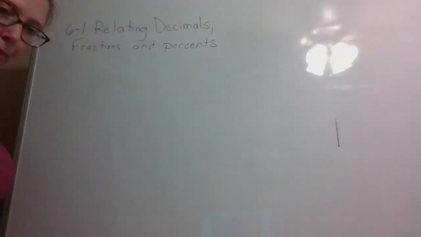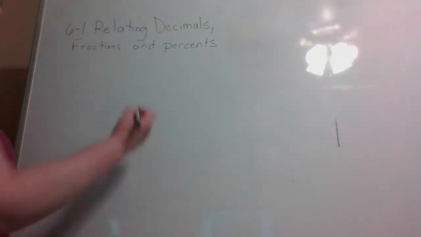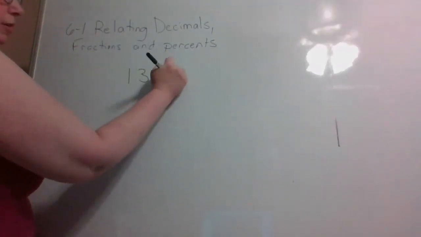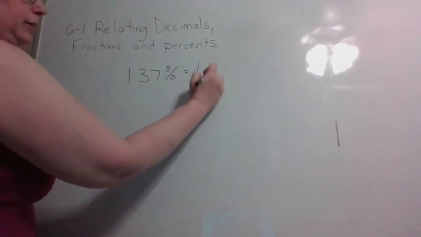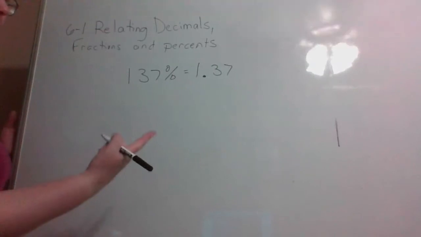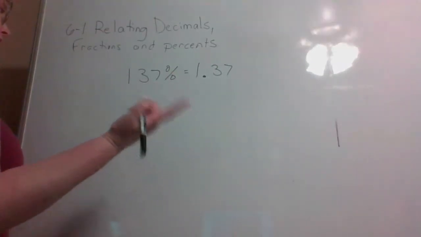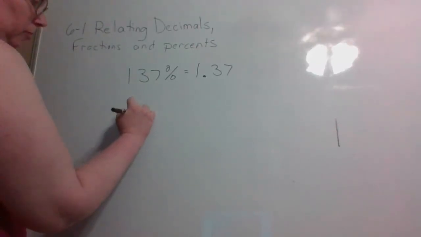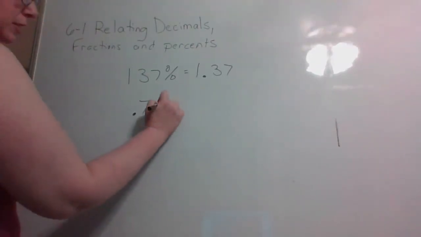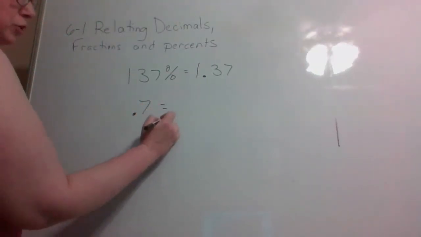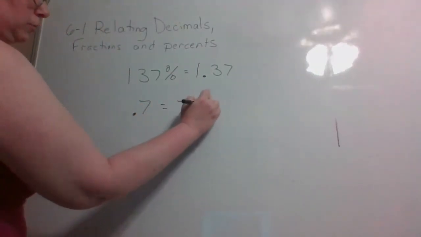It's important that you remember that that only goes 2 places. So say you have 137%. That is going to equal 1 and 37 hundredths as a decimal. If we had, say, 7/10, and you're going to change that to a percentage, remember that this is moving 2 places, so this would actually be 70%.